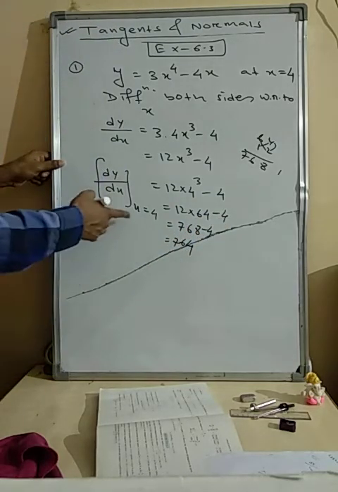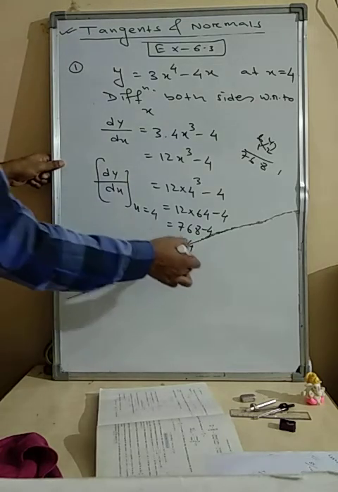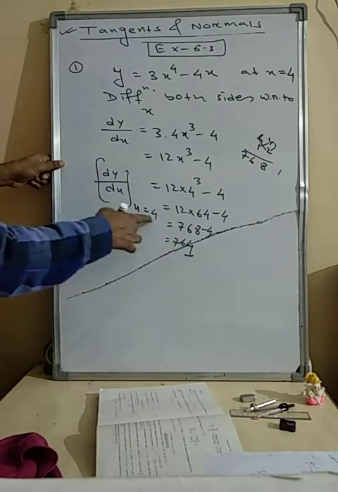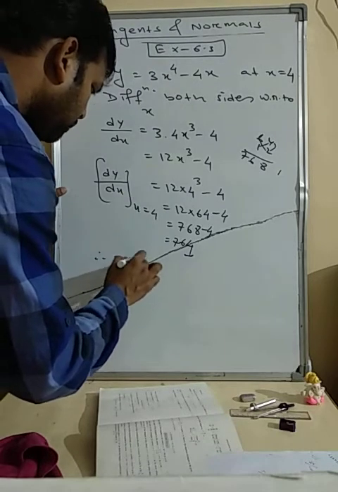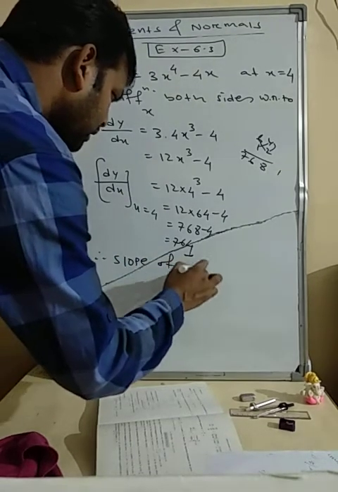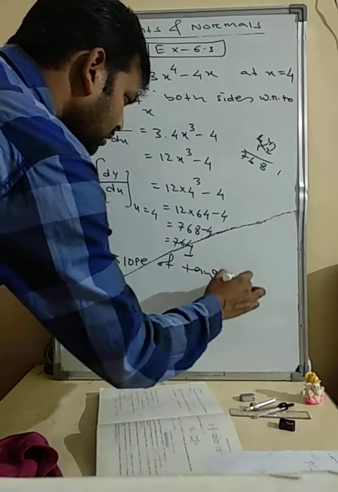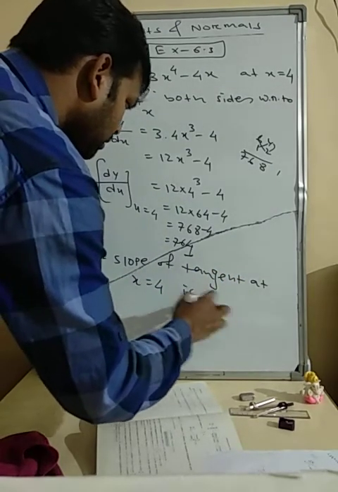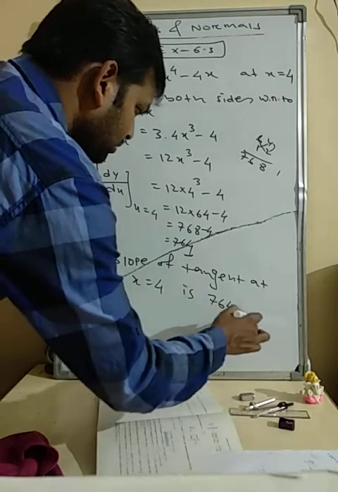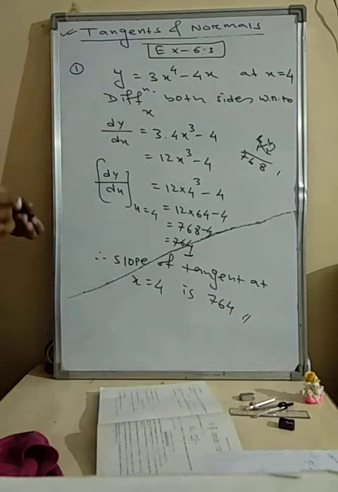So this is the slope of the tangent at point x equal to 4 to this curve. Therefore the slope of the tangent at x equal to 4 is 764. This is the first question's answer.